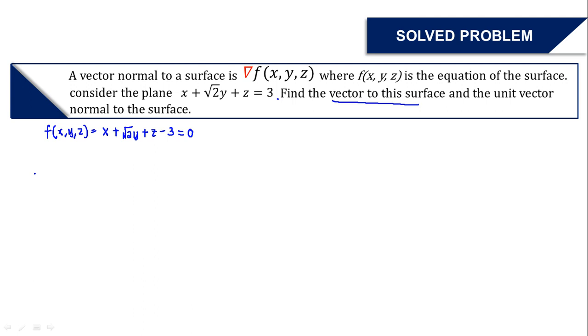So for example, itong surface na to, pwede nating makuha yung vector ng surface or normal to this plane by getting the gradient. So let's say we have a vector A. Yan yung vector na normal to the plane.